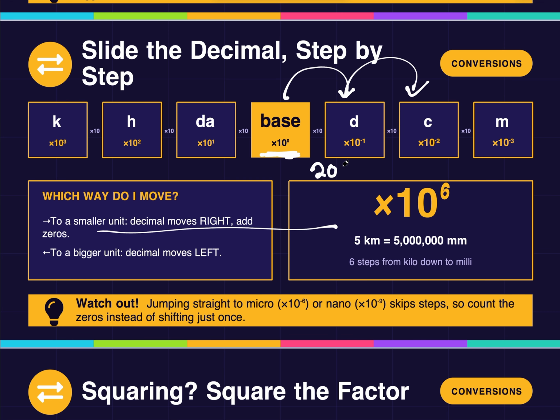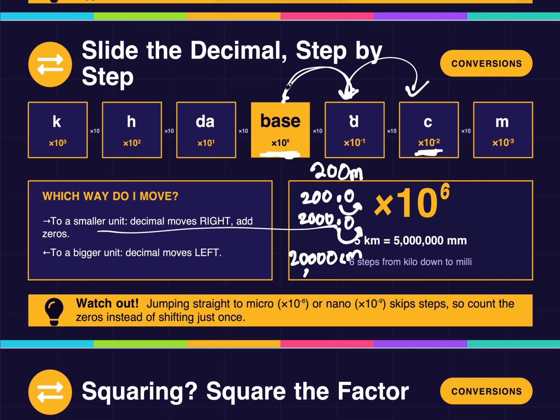So if you had 200 meters and you wanted to convert it to centimeters, it's 200.0, right? If I slide backward 1 to deci, then I would change it to become 2000.0 decimeters. But I want centimeters, right? So I'll slide this 0 one more time to make it 20,000 centimeters.